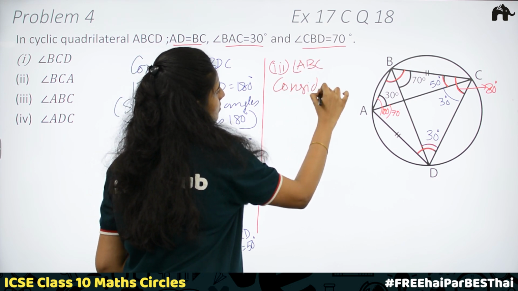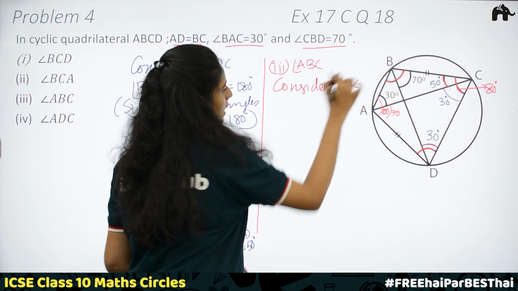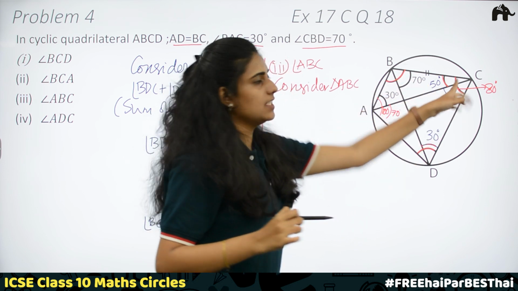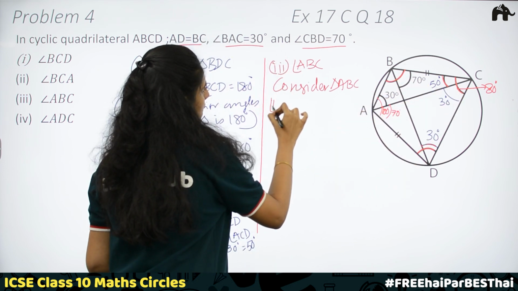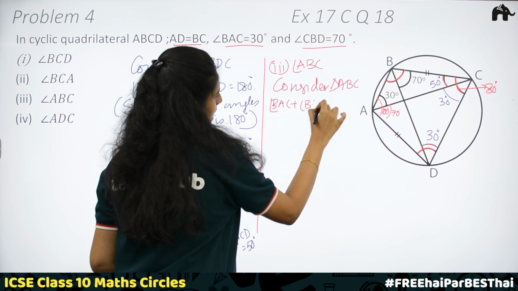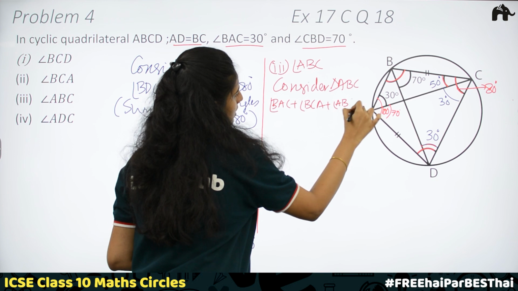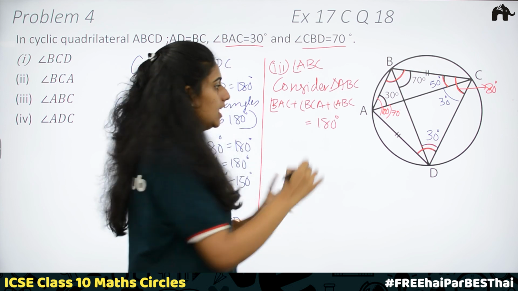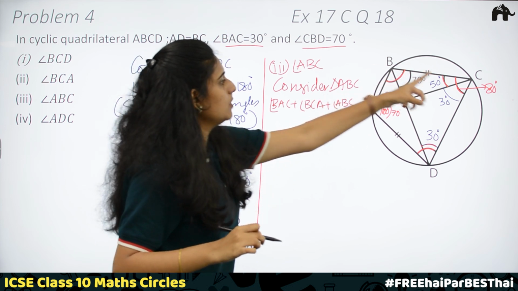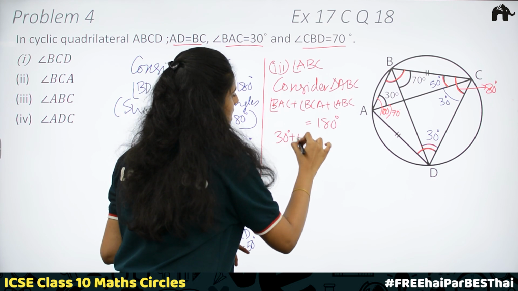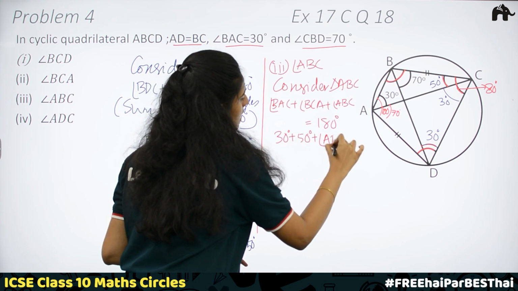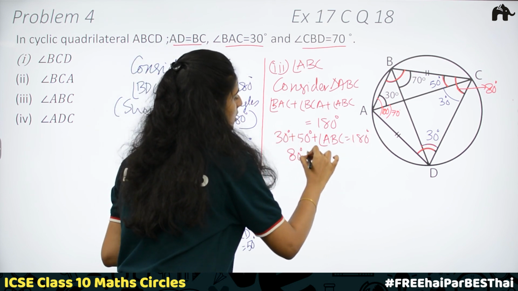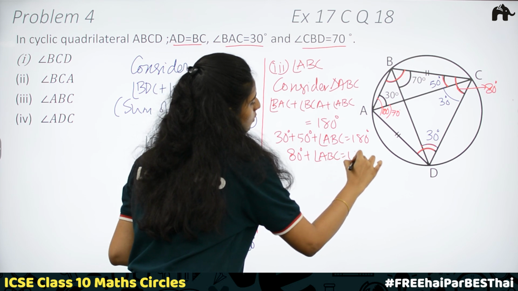Consider triangle ABC. In triangle ABC, we know the measure of BAC and BCA. We can find ABC then. Angle BAC plus angle BCA plus angle ABC is equal to 180 degrees. BAC is 30 degrees. BCA is equal to 50 degrees, plus angle ABC is equal to 180 degrees. 30 plus 50 we get 80 degrees, plus angle ABC equal to 180 degrees.